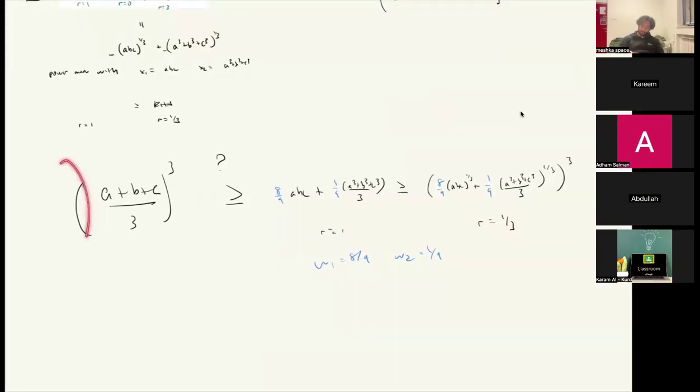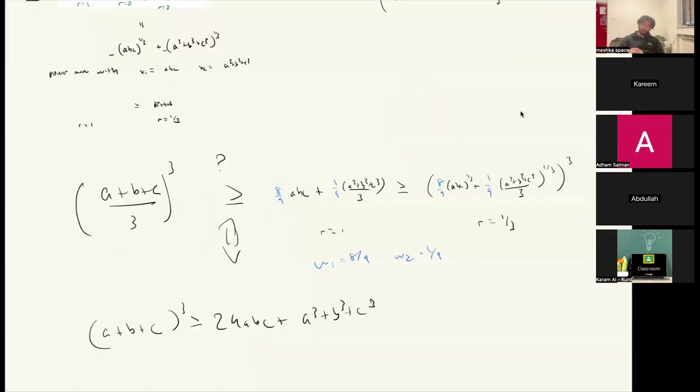And how do we prove this inequality? This inequality is equivalent to (a plus b plus c) cubed is bigger than or equal to, we multiply by 27, 24 abc plus a cubed plus b cubed plus c cubed.